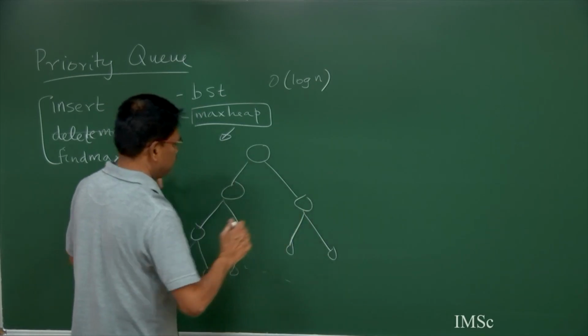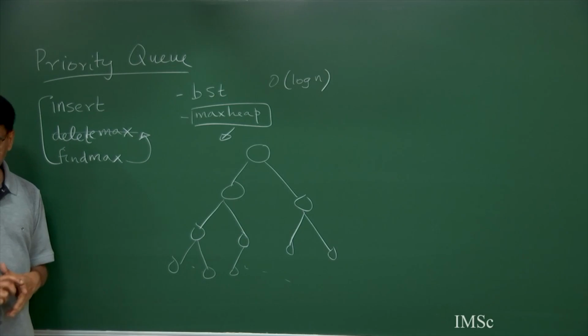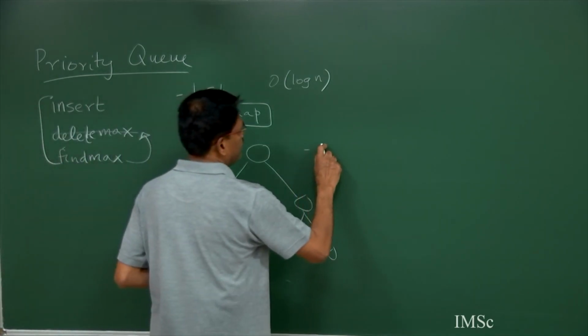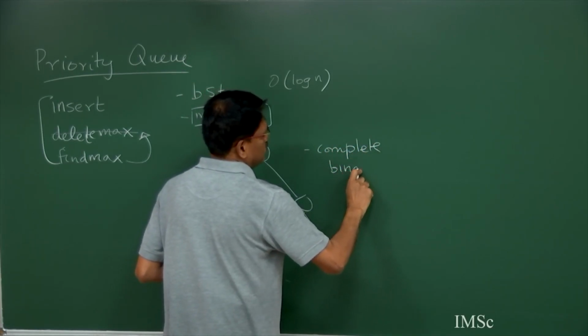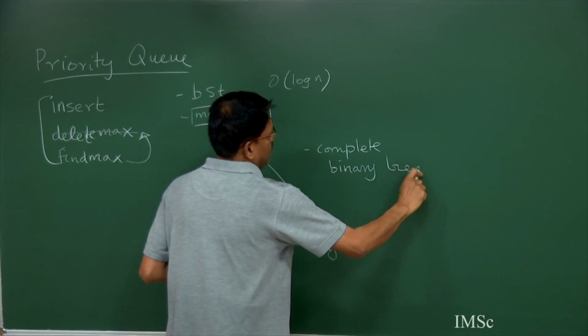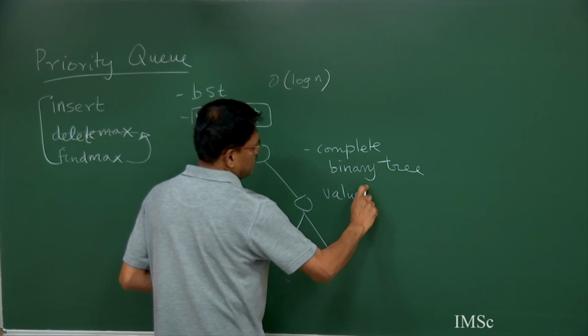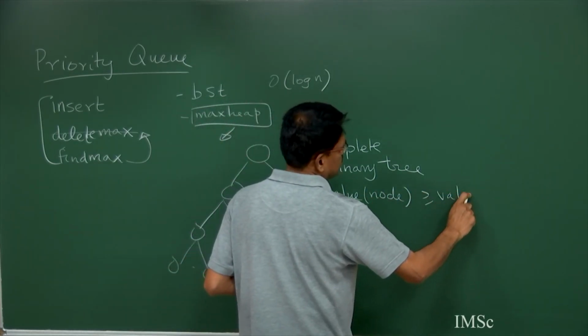So there is a structural constraint, and then there is a constraint on the values you place on the nodes. The structural constraint is that it's a complete binary tree. And the constraint on the values: it's a max heap, so the value at a node is greater than or equal to the value at its children.